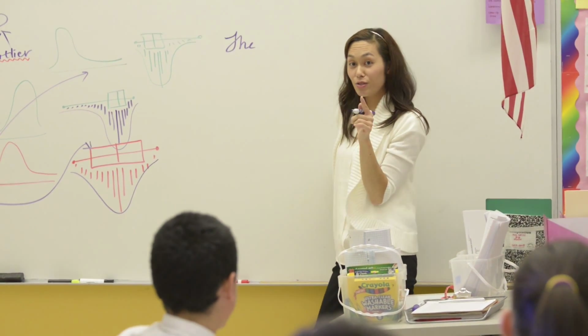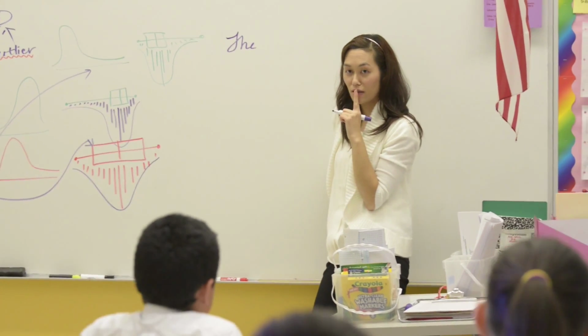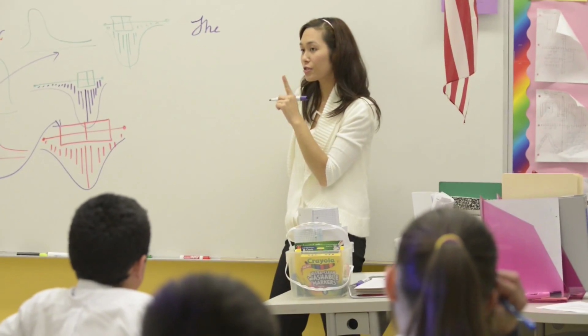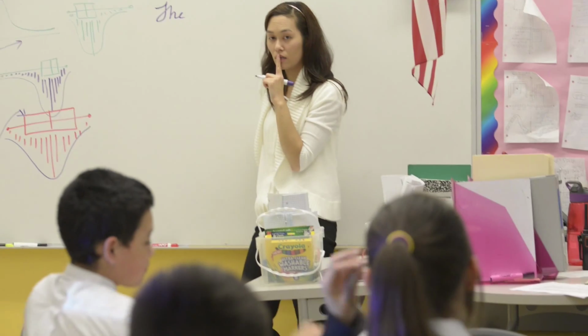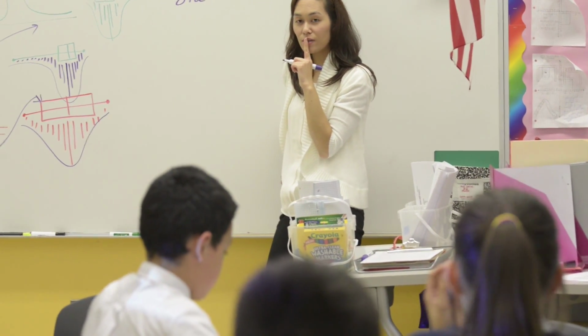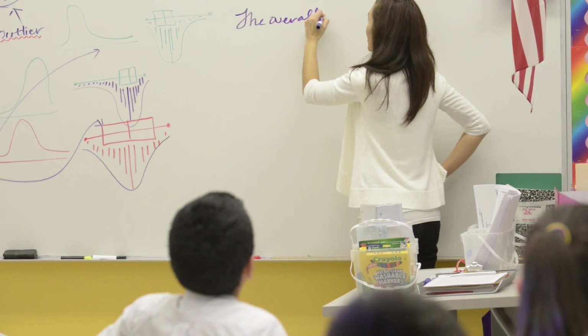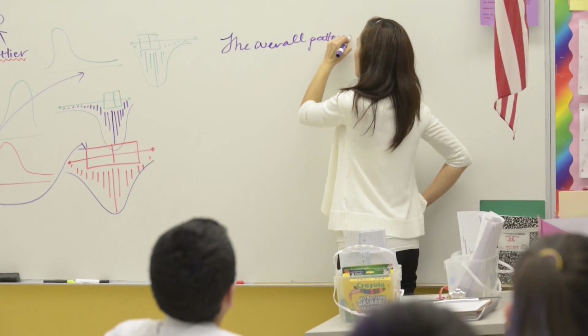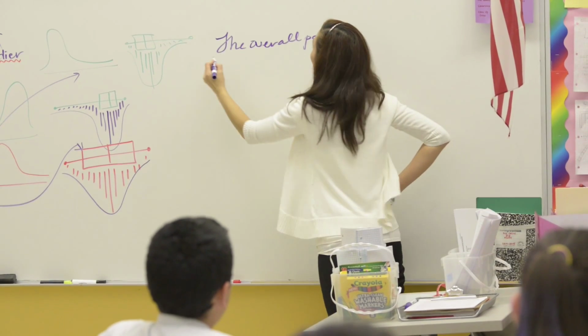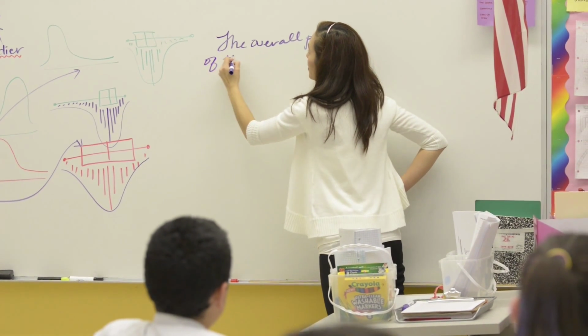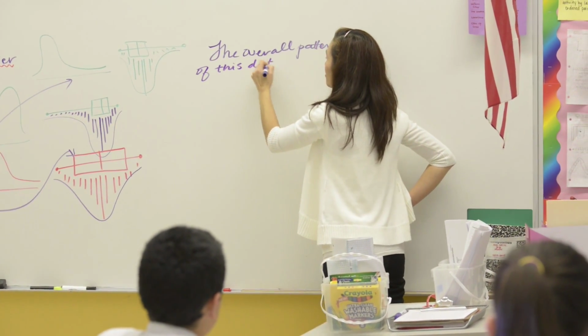Okay, so I do want complete sentences, so I'm going to start you off, okay? And start using your Socratic starters when you speak. So, Gerardo, let's start with this. The overall pattern, we're restating the question, right? The overall pattern of this data is, go ahead, Gerardo.